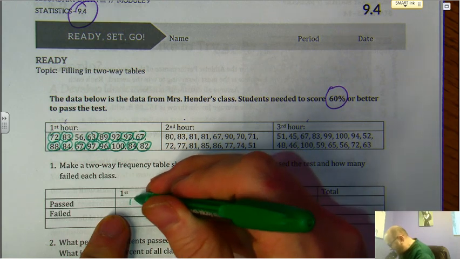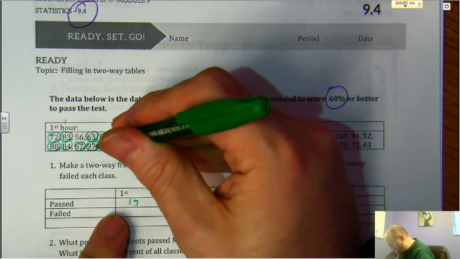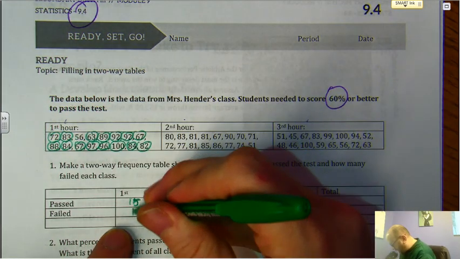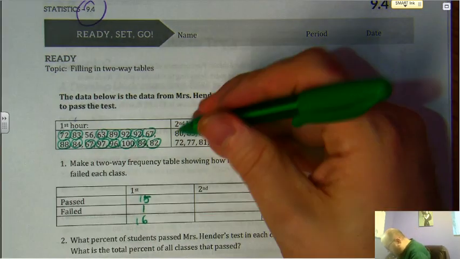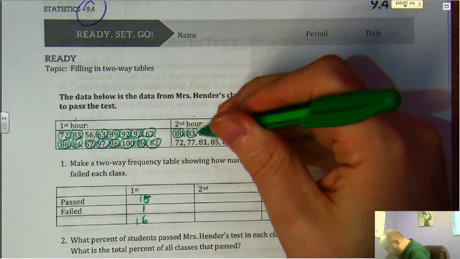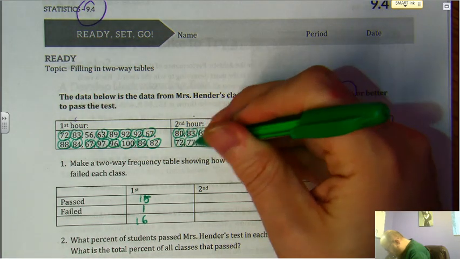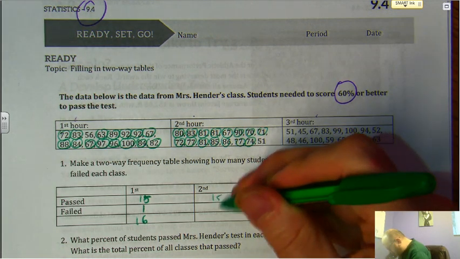I don't remember. 1, 2, 3, 4, 5, 6, 7, 8, 9, 10, 11, 12, 13, 14, 15. 15 passes and 1 fail for a total of 16 students. Okay, do the same thing for second hour: 1 through 15, and 1 for 16.